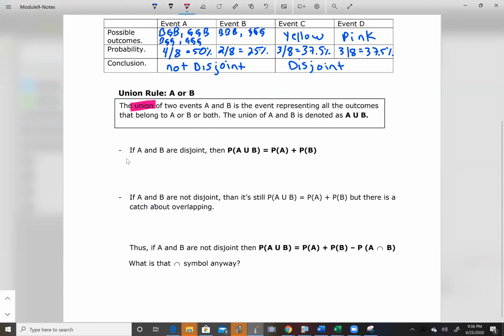If A and B are disjoint, be careful here, we're only talking about disjoint. Mod 10 is where we start talking about not independent events.